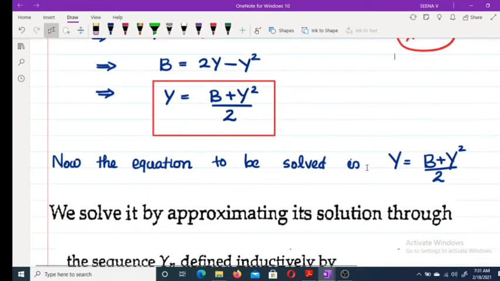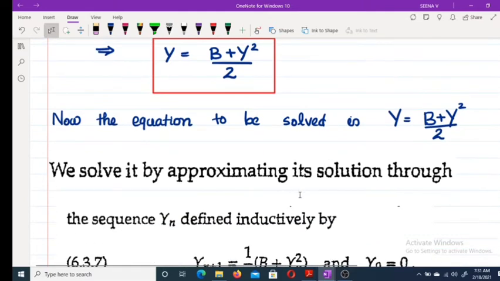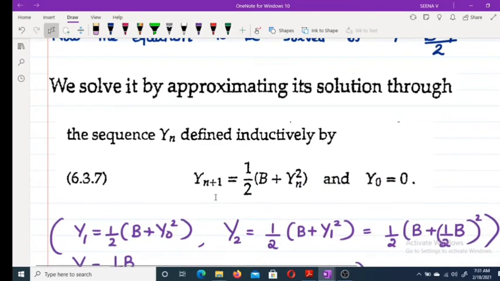Now the equation to be solved is y equal to B plus y squared by 2, and we solve it by approximating its solution through the sequence y_n defined inductively by y_(n+1) equal to 1 by 2 times (B plus y_n squared), and y_0 equal to 0.